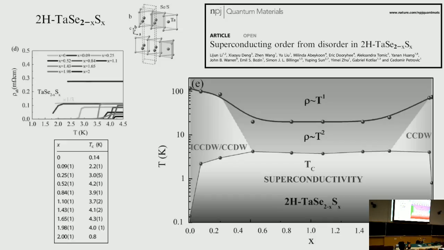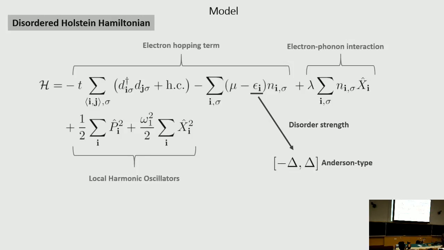So we are also interested in this kind of problem, and in order to study it, we come back to our model. For a while we throw away the dispersion-like term, and we include one term that gives us disorder, an Anderson-like disorder.